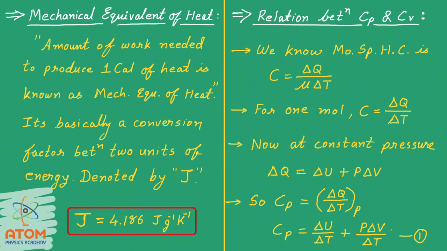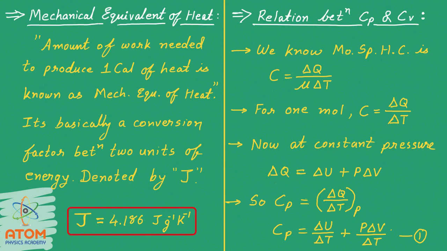Now let us understand the mechanical equivalent of heat. See, the amount of work needed to produce 1 calorie of heat is known as the mechanical equivalent of heat. I repeat, the amount of work to be done for producing 1 calorie of heat is known as the mechanical equivalent of heat. It's basically nothing but the conversion factor between two units of energy, that is calorie and joule.